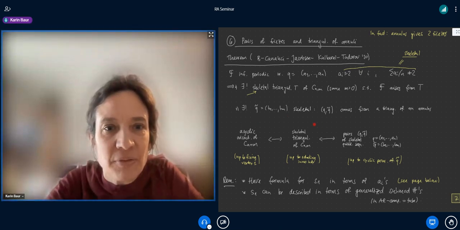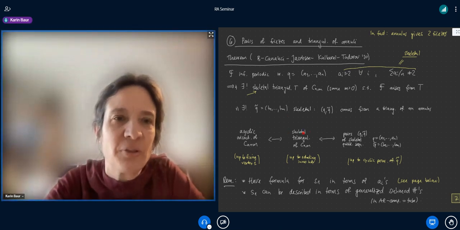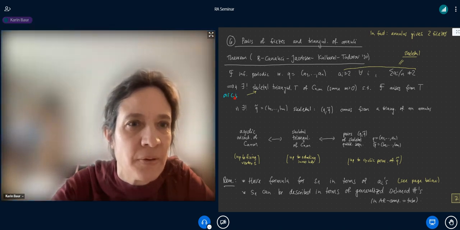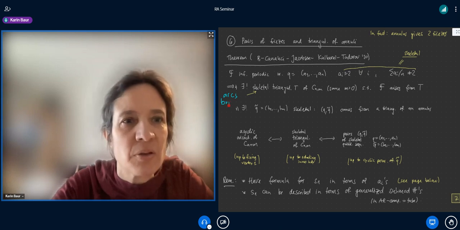So we have this skeletal triangulation. I should say what a skeletal triangulation is. All arcs are between the two boundaries. They are called bridging because they form a bridge.